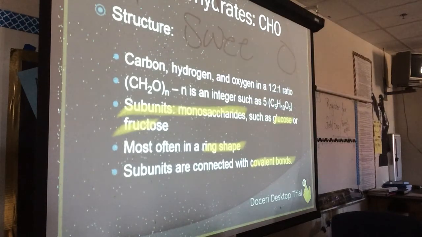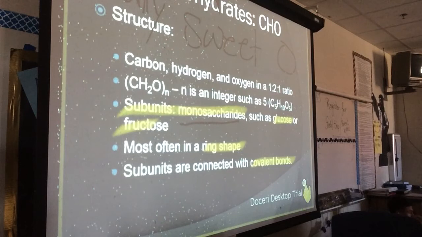Now, not always sweet. Is bread always sweet? No. Are crackers always sweet? No. It's just usually. They're usually sweet. Just because it's not sweet doesn't mean it's a carb or it's not a carb. So when they're by themselves, we call them a monosaccharide.